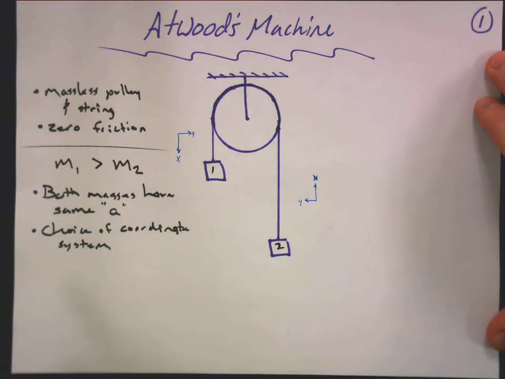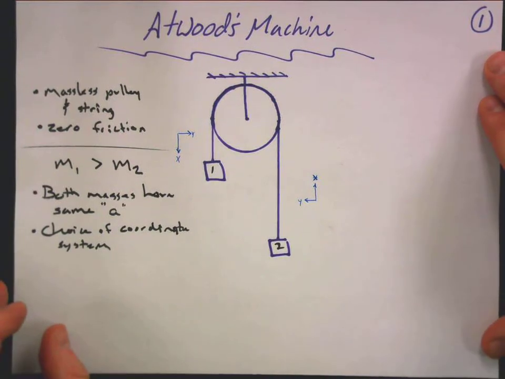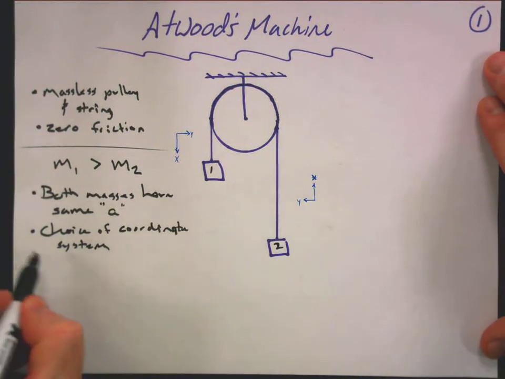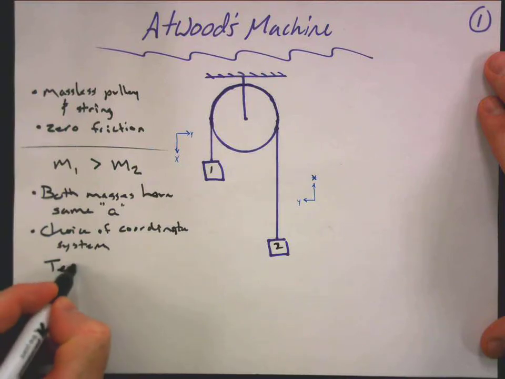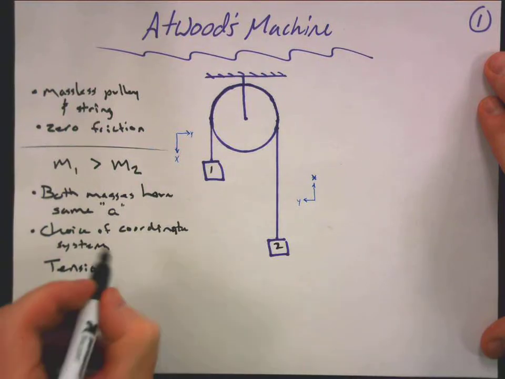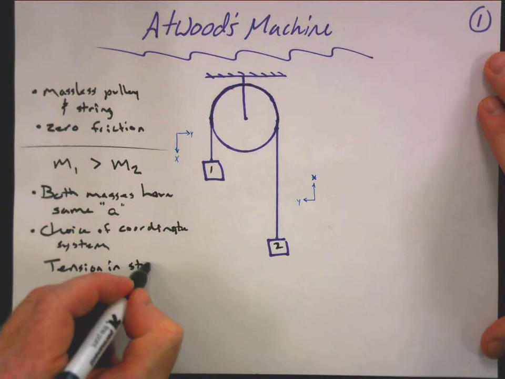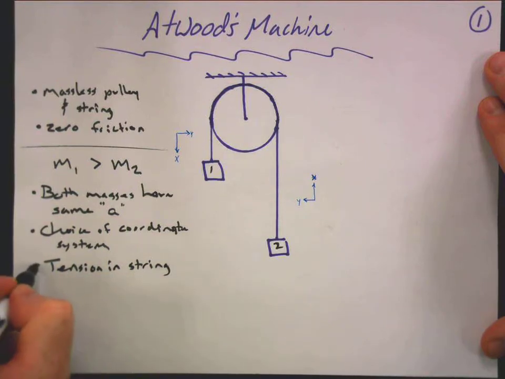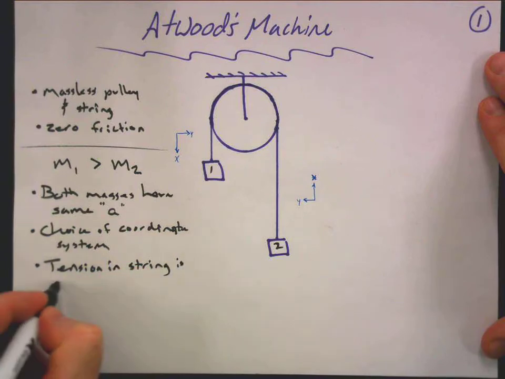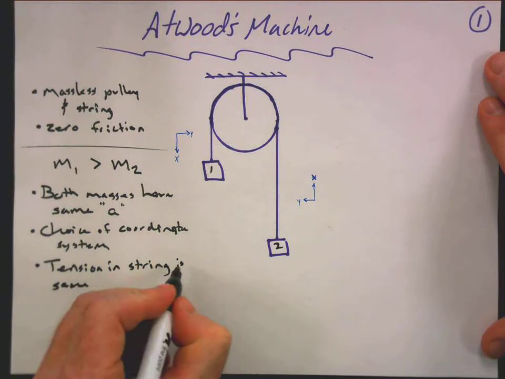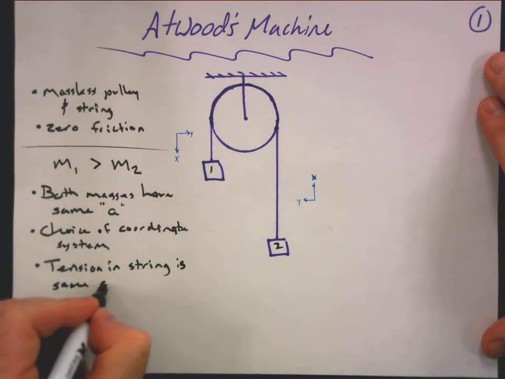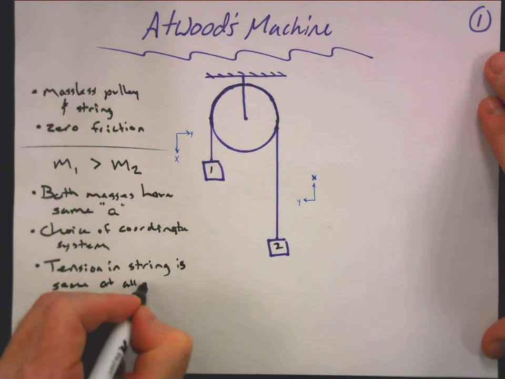There's something else. Okay, and this is going to be hard to deal with. I'm not going to do a full explanation of this particular item, but the tension in the string. What about that tension? It's the same at all points.